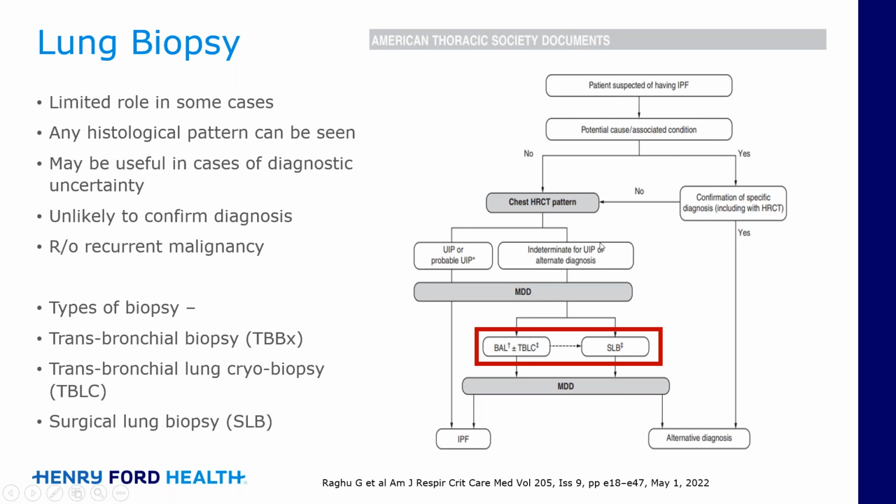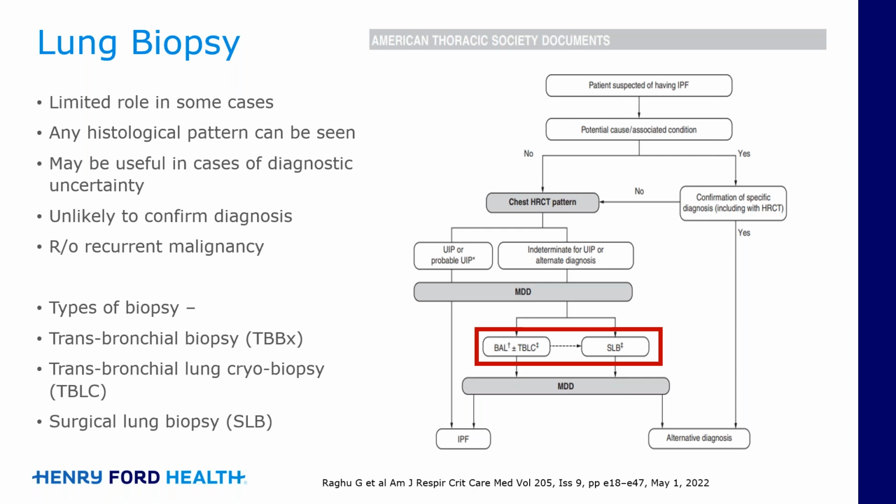But when we have an indeterminate pattern or a pattern that's consistent with an alternative diagnosis, then BAL with transbronchial lung cryobiopsies, especially in centers that are experienced with cryobiopsies, can be used as an alternative to surgical lung biopsy.